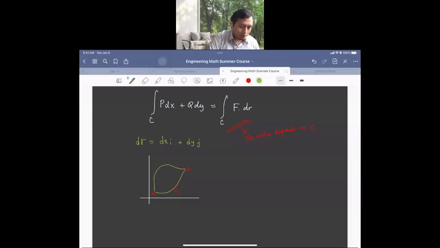And then the second path, the same A goes to B along this C2. The line integral along C1 of F dr is not equal to the other path. Okay, it's not equal.